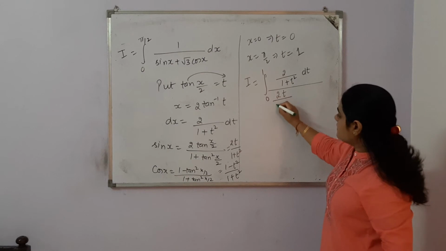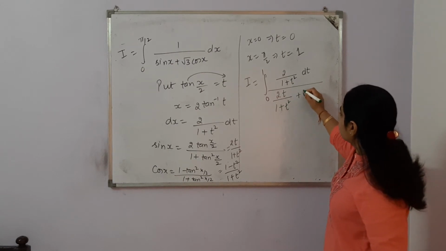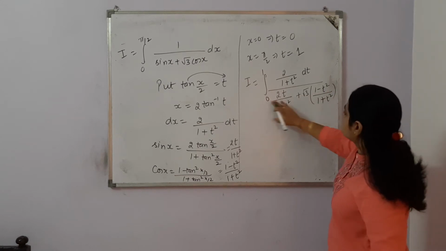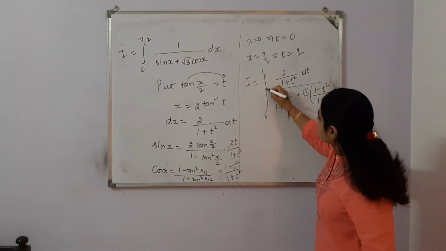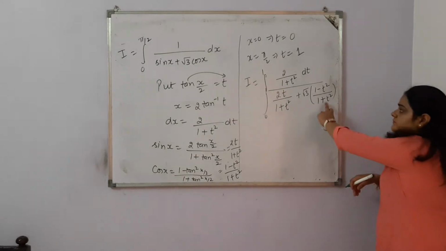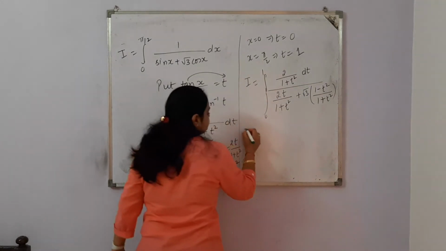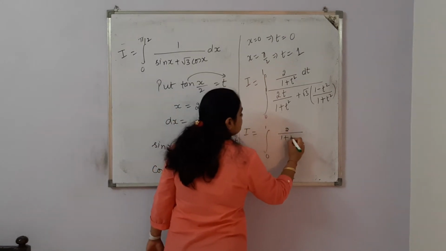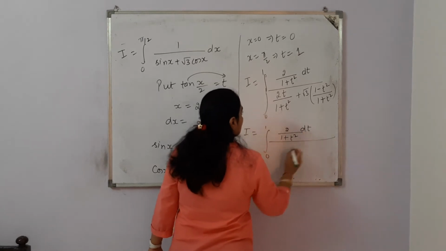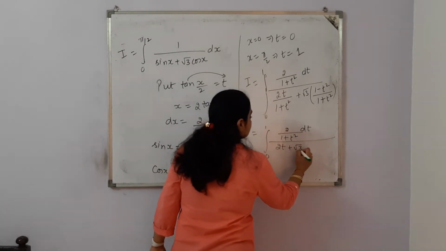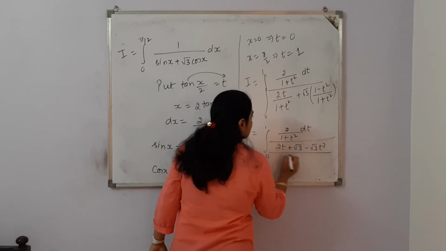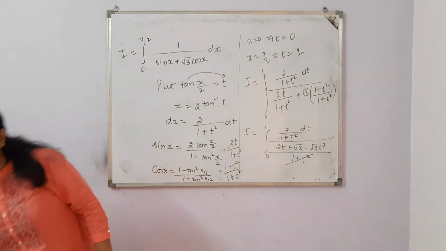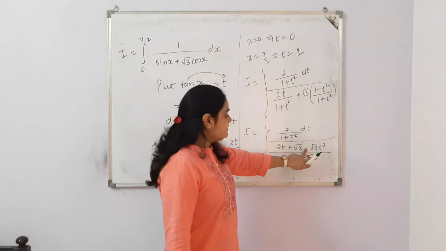So 2t upon 1 plus t square plus root 3 times 1 minus t square upon 1 plus t square. Now we take the LCM in the denominator: 0 to 1, 2 upon 1 plus t square dt whole upon 2t plus root 3 minus root 3 t square whole upon 1 plus t square. The 1 plus t square cancels out.